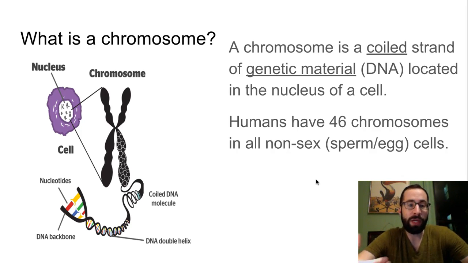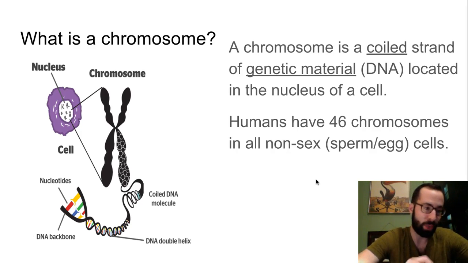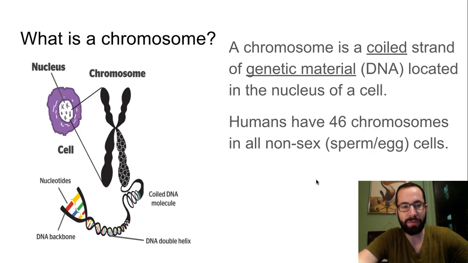For example, as humans, we have 46 chromosomes, or 46 coiled strands of genetic material, inside every single one of our cells, all non-sex cells. So all of our cells, except sperm if you're a male and egg if you're a female, have 46 chromosomes. We'll talk about the sperm and egg in another learning target. But chromosomes are inside of the nucleus, and chromosomes are your DNA, essentially.